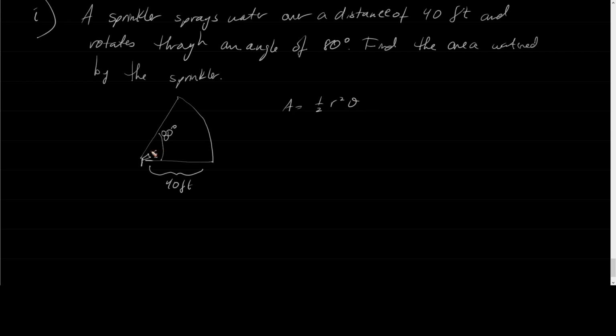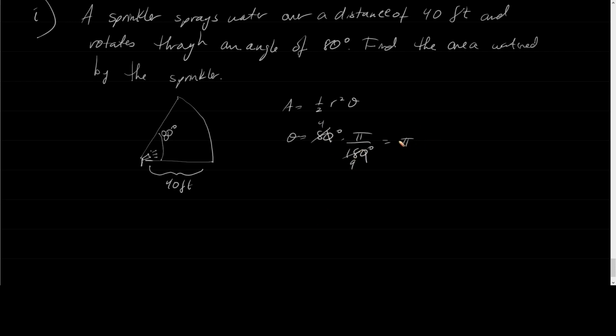So what I need to do is first convert our angle into radians. So in here we're going to say, well, theta is 80 degrees, but we want to multiply it by pi over 180 degrees so that we can change it into radians. They're both divisible by 10, so it's really 8 over 18, but at that point we say those are both divisible by 2, so it is 4 over 9.